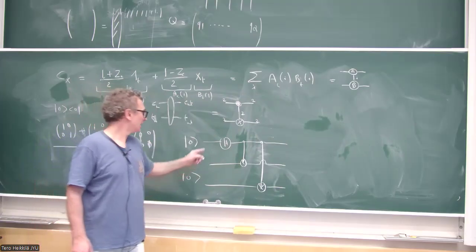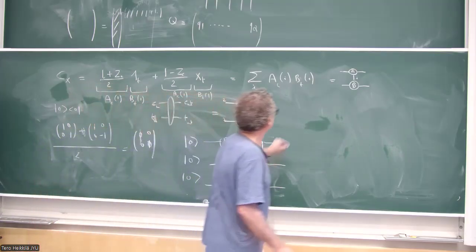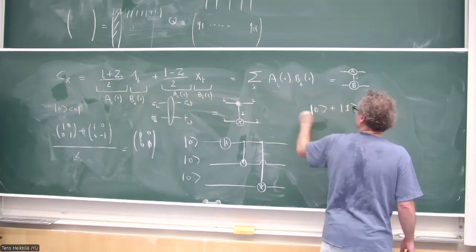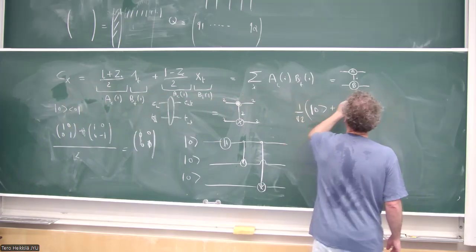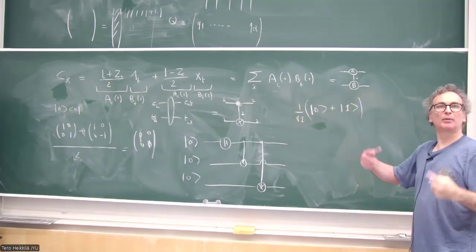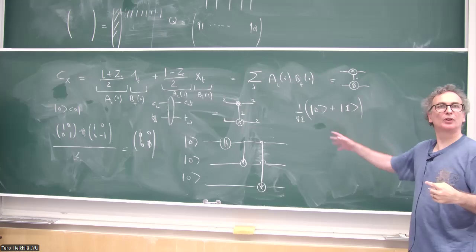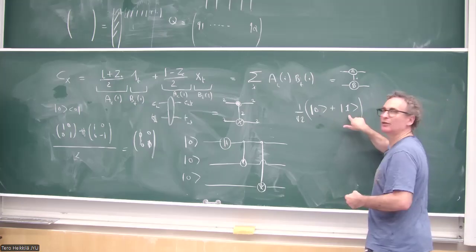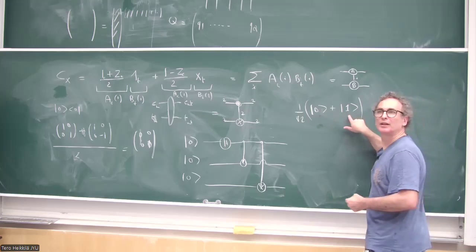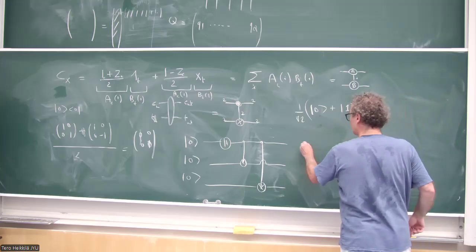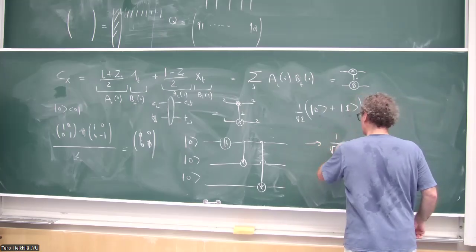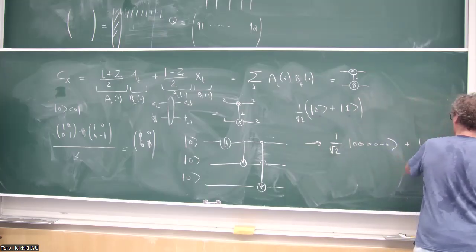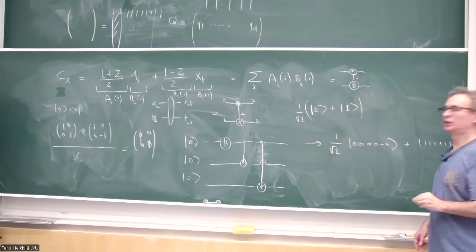Here, this H creates 1 over square root of 2 times (|0> plus |1>). Then I apply control node to all the others, one after the other. I do nothing if I am in 0, and I flip if I am in 1. So at the end of this circuit, what I get is 1 over square root of 2 times (|000000...0> plus |111111...1>). The GHZ state.